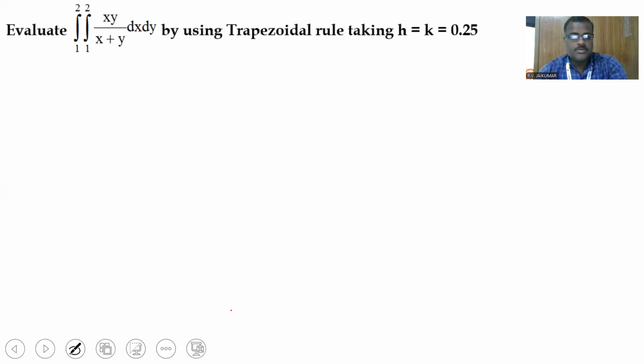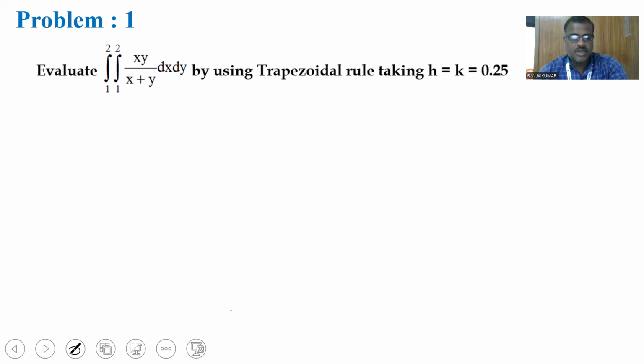Problem number 1: evaluate the double integral over the limits 1 to 2, for both x and y, of xy by x plus y dx dy, using the trapezoidal rule. The h and k values are given directly, so there is no need to calculate them. Mostly they will give you the h and k values in the question itself.